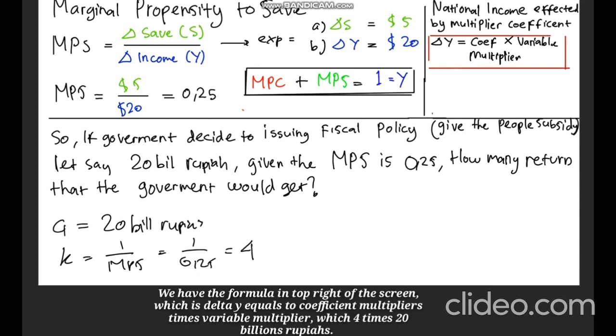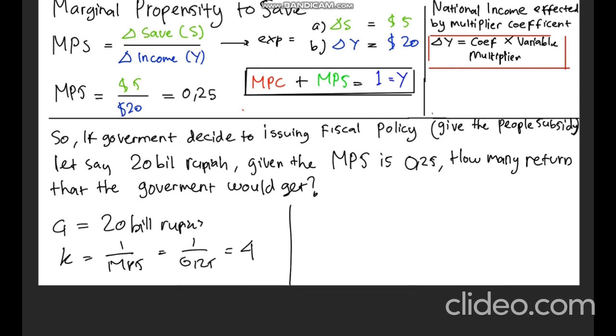Yes, we have the formula at the top right of the screen, which is delta y equals coefficient multiplier times variable multiplier, which is 4 times 20 billion rupiahs.